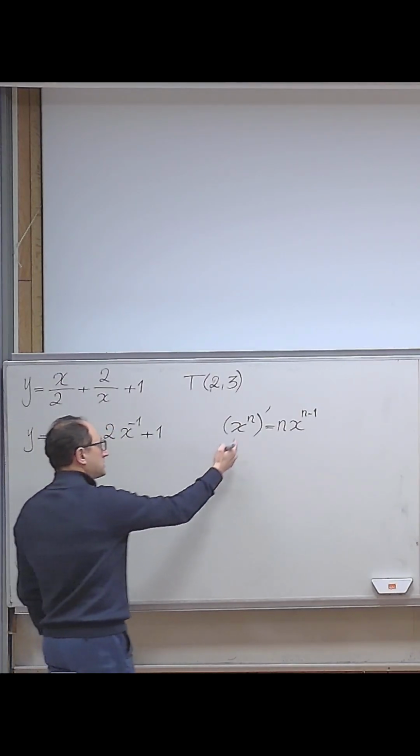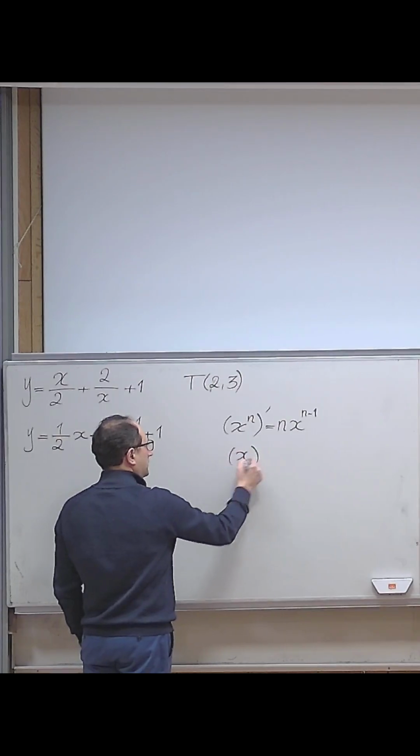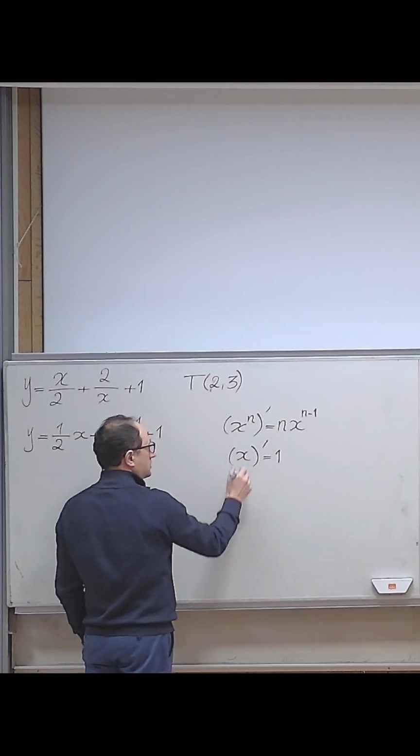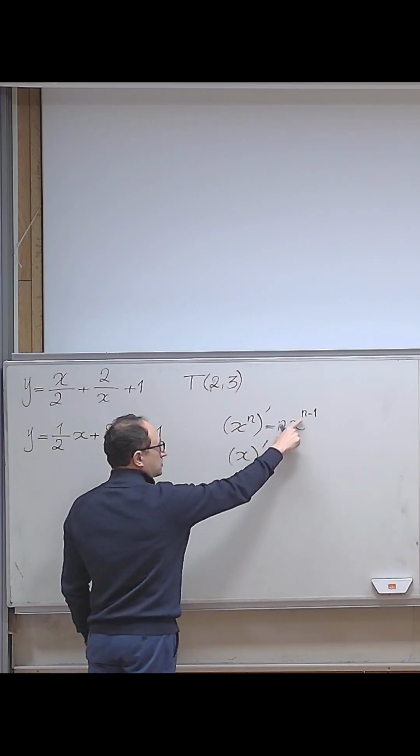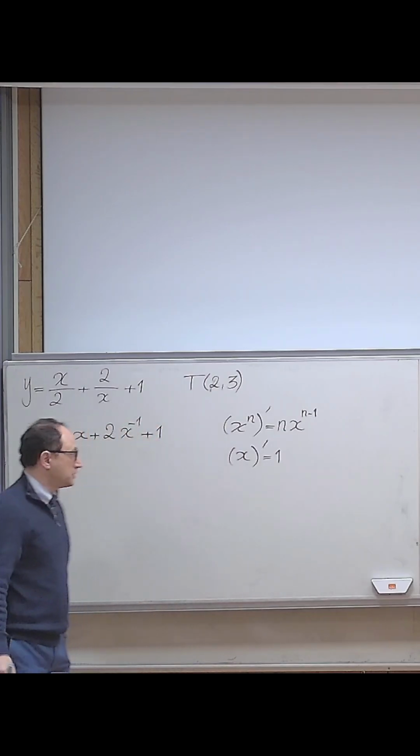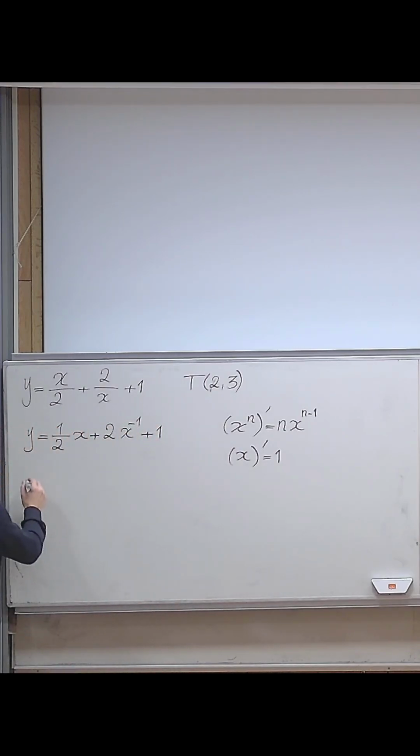The consequence of this is, of course, the derivative of x is 1, because here in this case the power is 1, so 1 times x to the power 0, but x to the power 0 is 1. Okay, so let us differentiate. So y prime, the derivative of this, it's a multiplicative constant multiplied by the derivative of x, which is 1, so I don't need to write it.